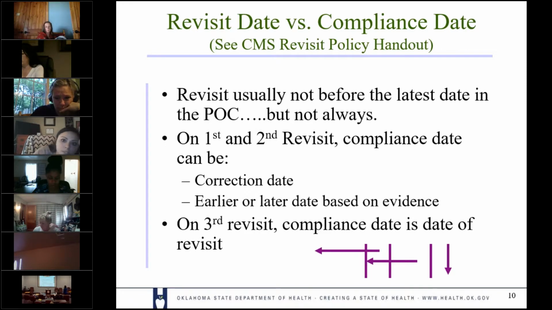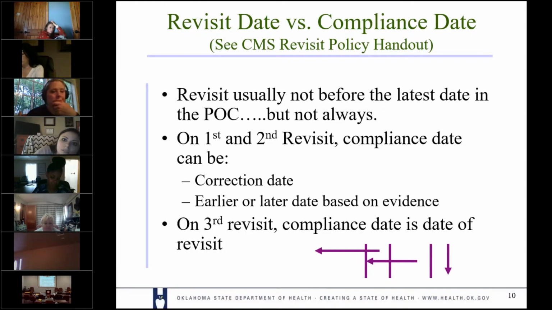Okay. Revisit date versus compliance date. The revisit usually does not happen before the latest date on the POC, but not always. Because sometimes we have to come out for a complaint or something like that, and we just decide if you're ready, we're going to do the revisit too.